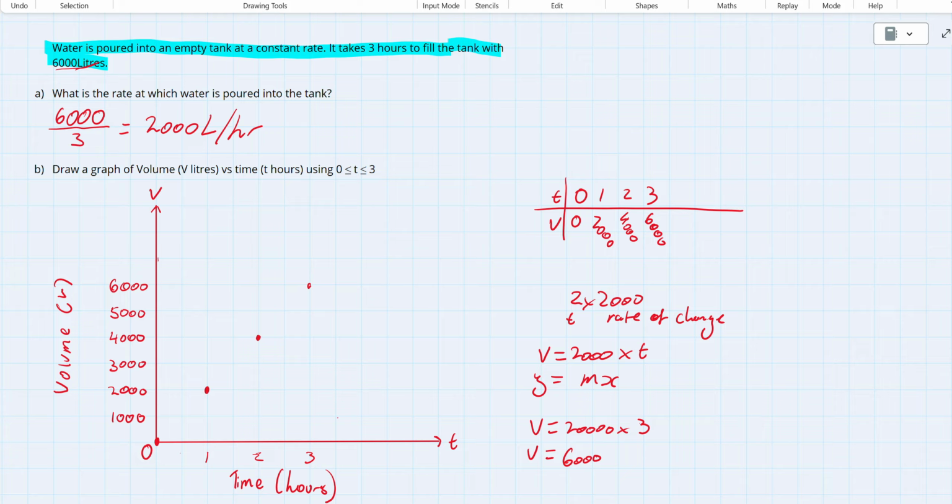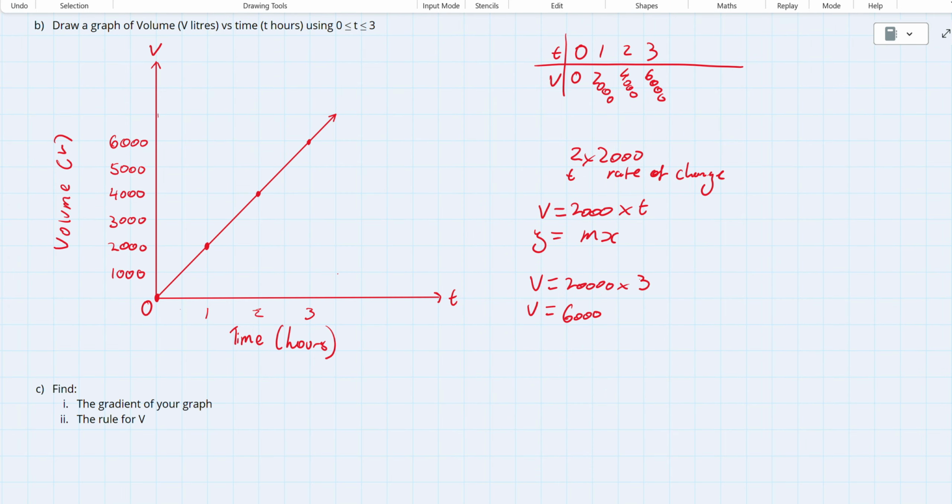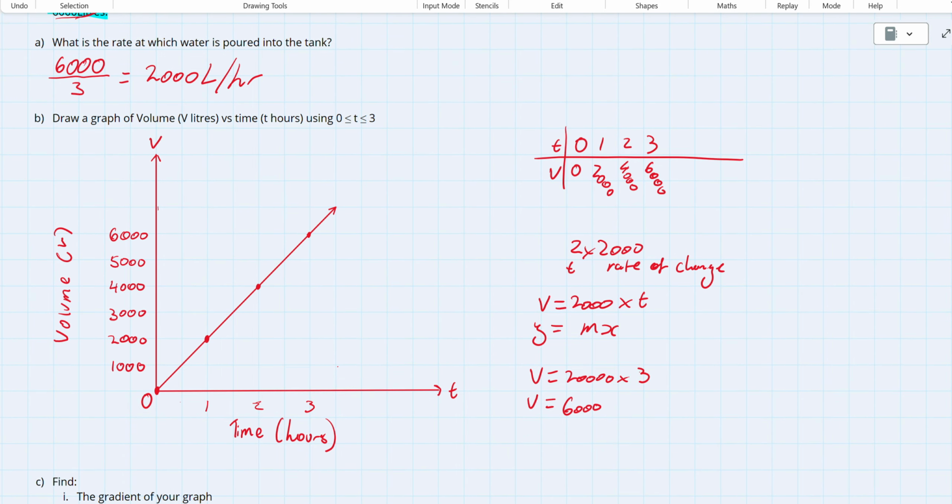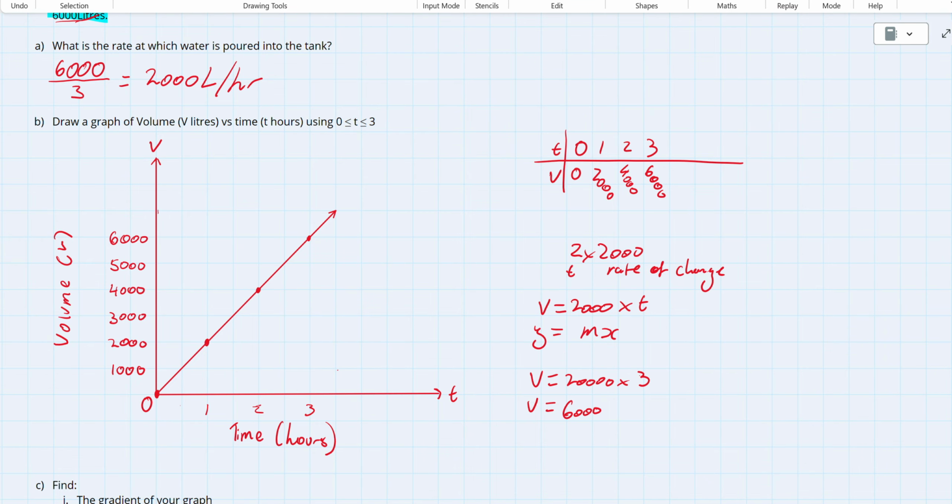And at 3 hours, it has 6,000 litres. So we have our rate of change, we have our line, and we're able to put our graph like that. Okay, and there is part B done.